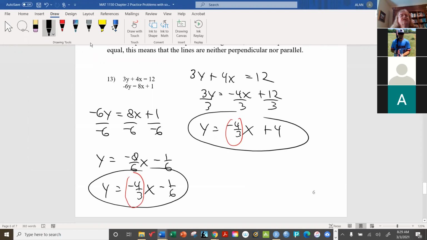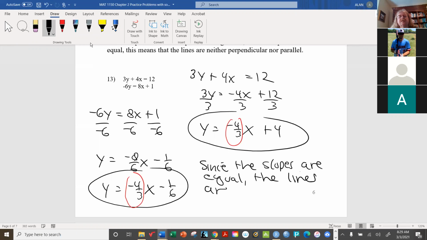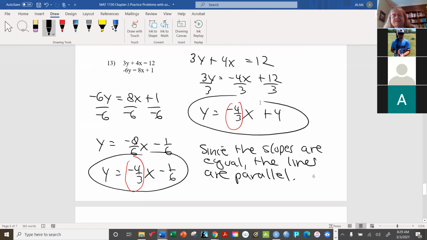So for the first time, since the slopes are equal, the lines are parallel. So far we've got one of each case: a perpendicular set of lines, parallel, and neither. Very good.